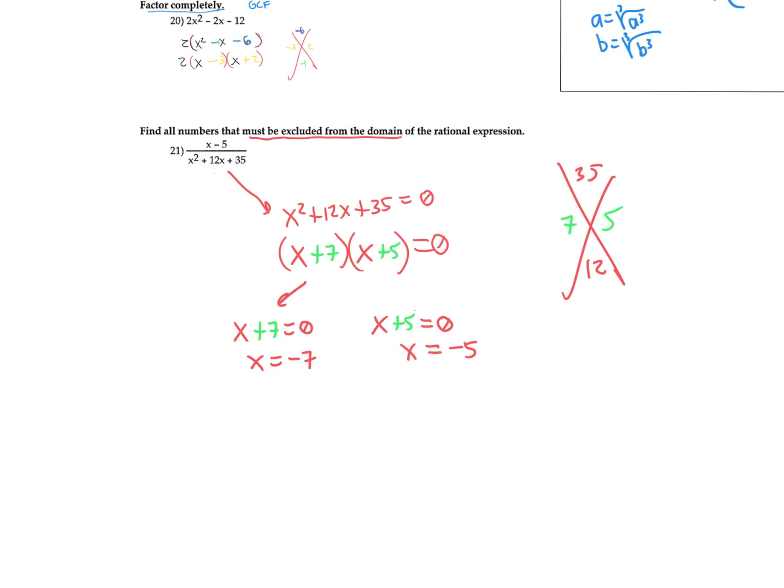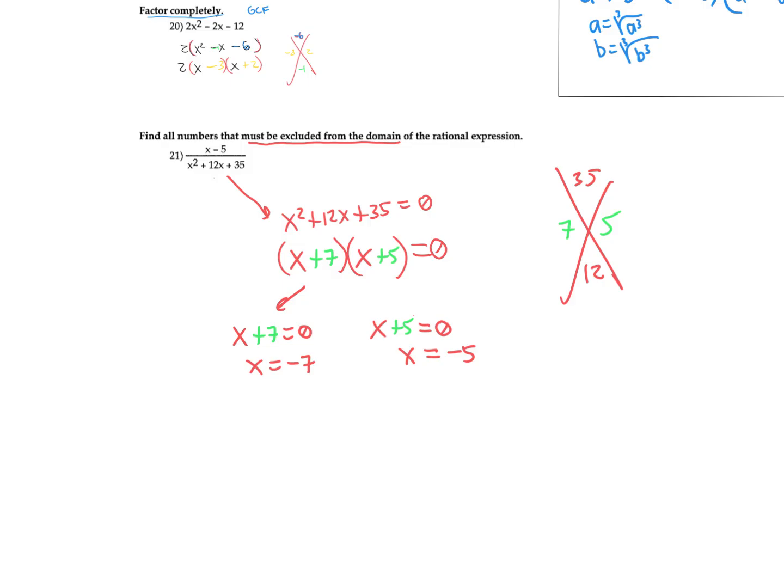So what this means is if x was -7 here, it would force the whole bottom part to equal 0. And we also know that if x was -5 and we plugged it in here, it would force the whole bottom part to equal 0. And therefore, the fraction would be undefined. This whole fraction would be undefined because there's a 0 on the bottom. Now, you're not allowed to have undefined fractions in math land.